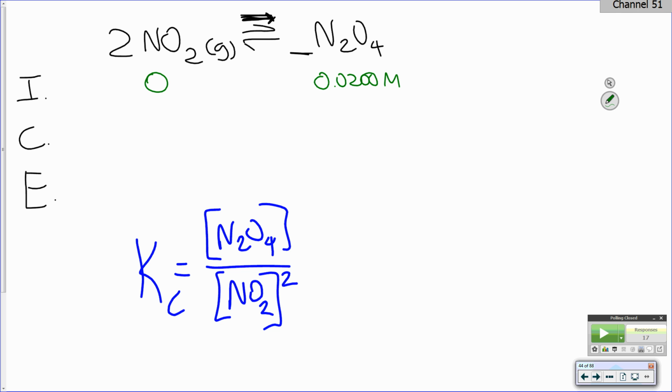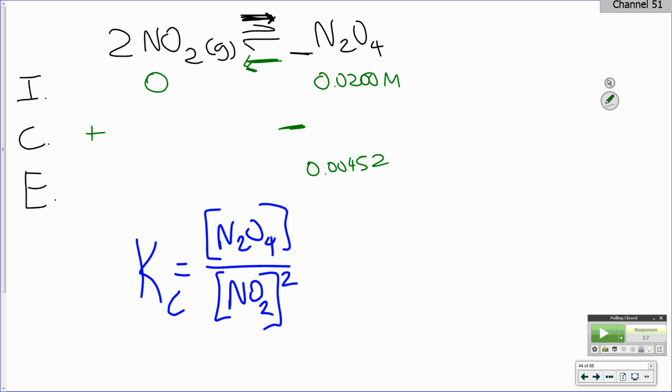All right, so at equilibrium, 0.00452. Now on this one, since I'm only starting with the product, the reaction has no choice but to go in the reverse direction. It can't go forwards. There's no reactant for it to react with. So this number has to be decreasing, a negative. This one has to be increasing, a positive.